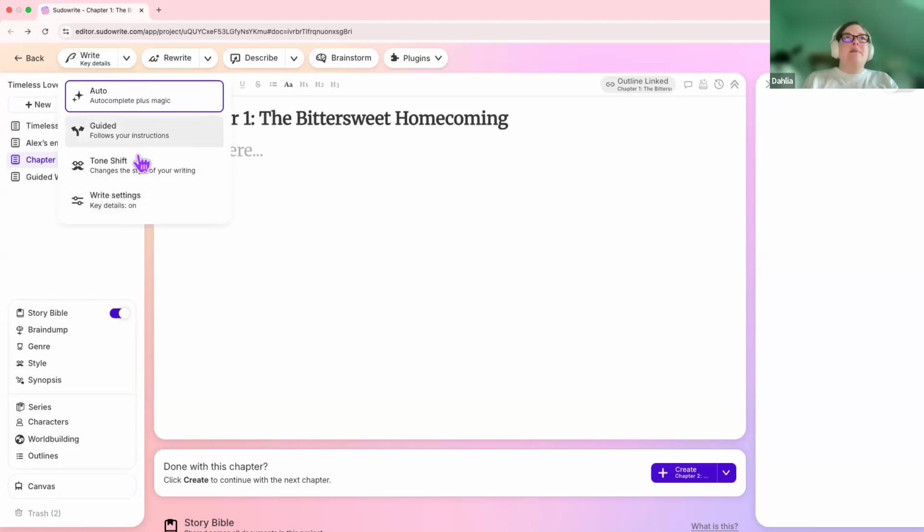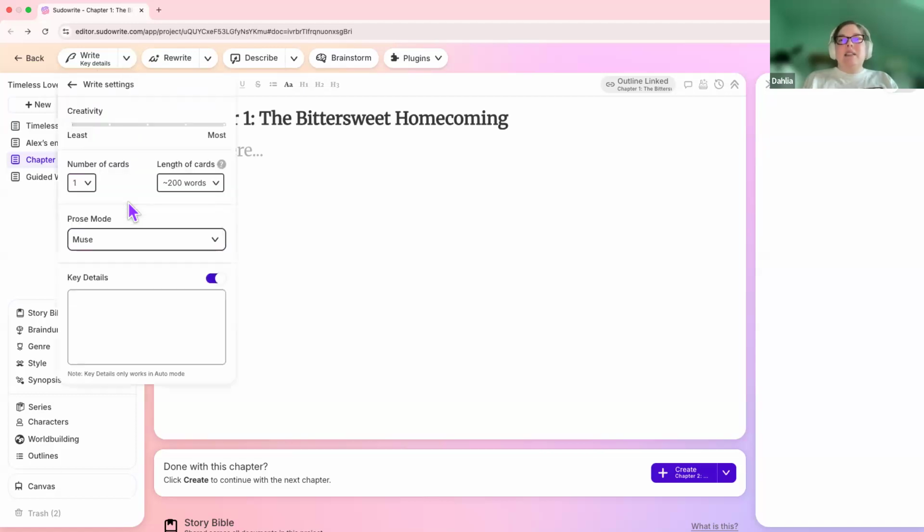And I usually set creativity to 50% to generate some fresher, more unique ideas for the beginning. This can sometimes lead to the AI skipping parts of the chapter summary and instead focusing on the most engaging elements to hook the reader.